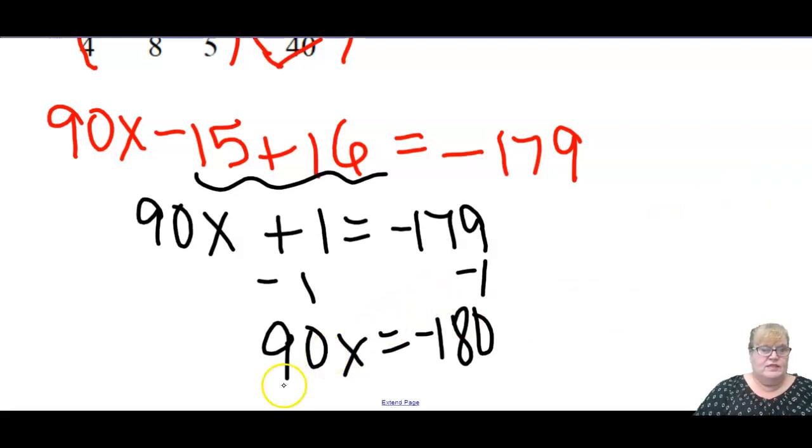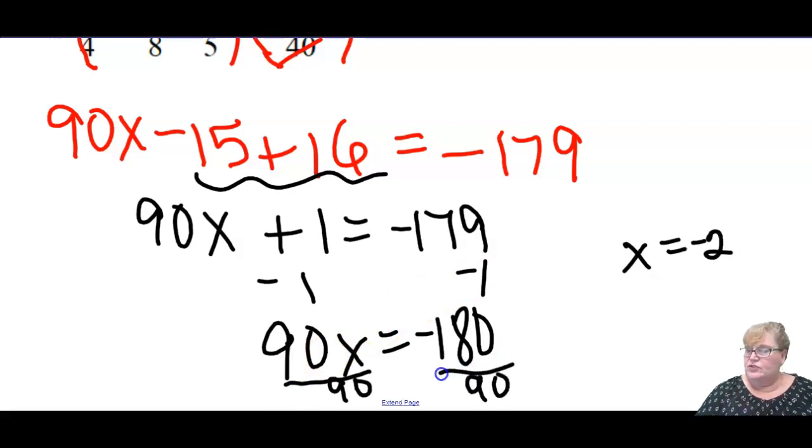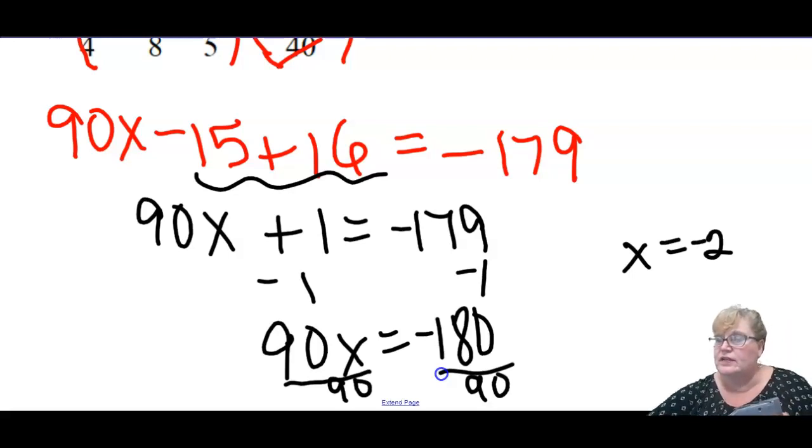Then if I divide both sides by 90, I get x equals negative 2, and that one came out nicely.